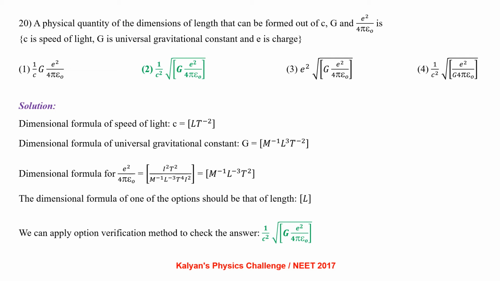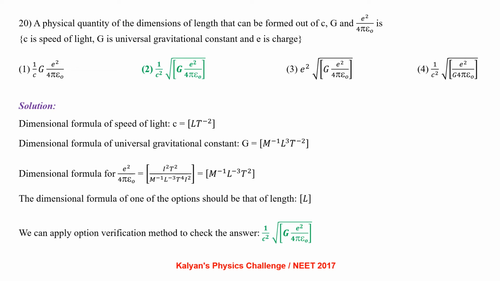Let us write the dimensional formulas of the given quantities one by one. c is the speed of light, so it is L T power minus 1. Then the universal gravitational constant capital G is M power minus 1 L cube T power minus 2. Coming to the dimensional formula of e square by 4 pi epsilon naught, upon substituting the given values, we get M L power 3 T power minus 2.